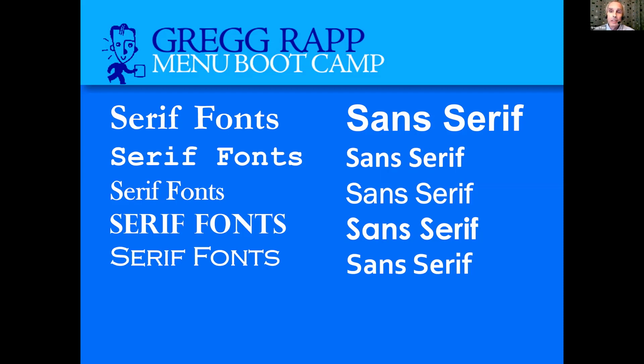Now look, a sans serif is more difficult to read, but because we know this, if we want to use a sans serif typeface, we'll make it a little bit larger so it's easier to read again.